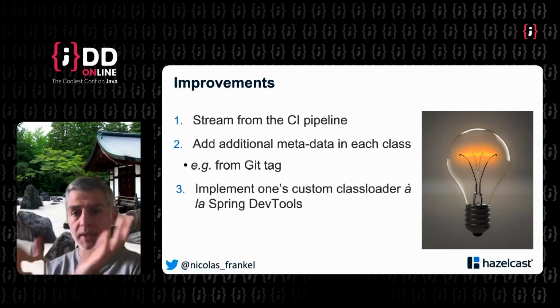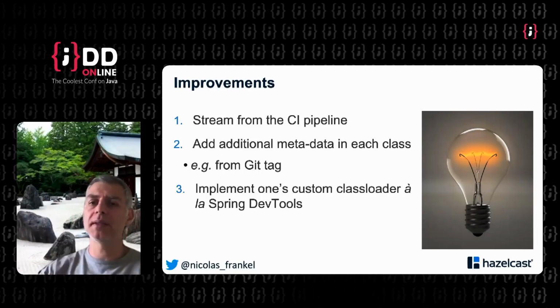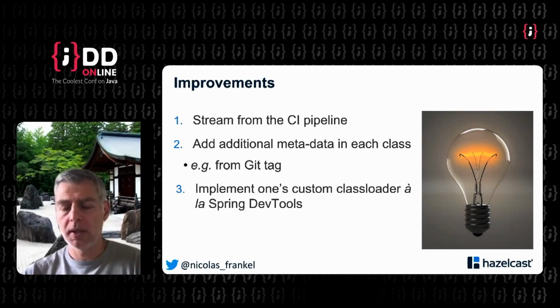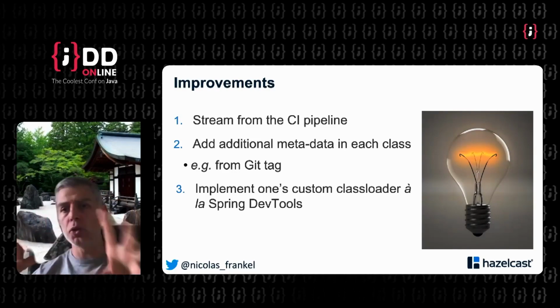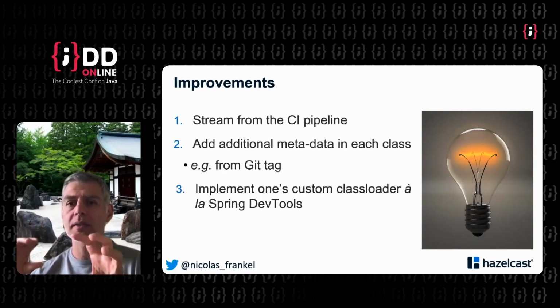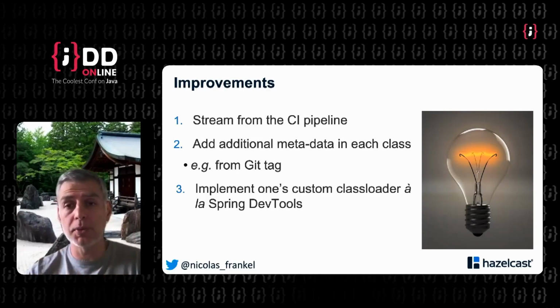So there are two class loaders. One is for your code. The other is for the whole dependency hierarchy. And in general, when you code, the dependencies are very stable. So you keep this class loader and you just restart the new one. And this is very, very fast compared to restarting the whole JVM. So this could be an improvement, of course.